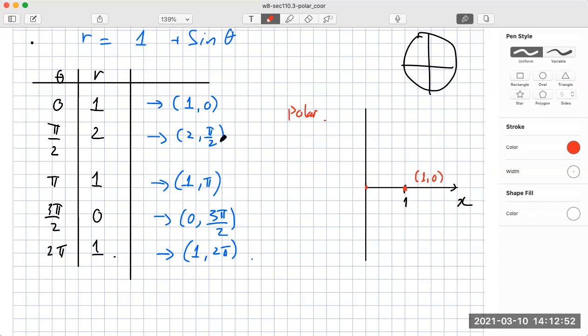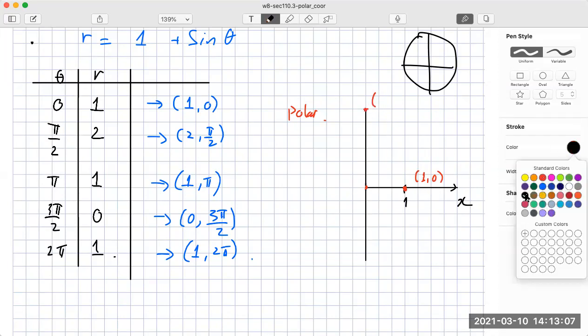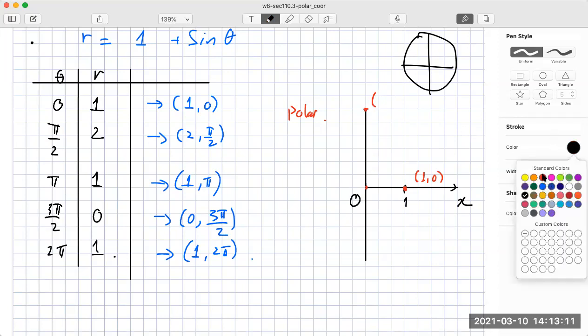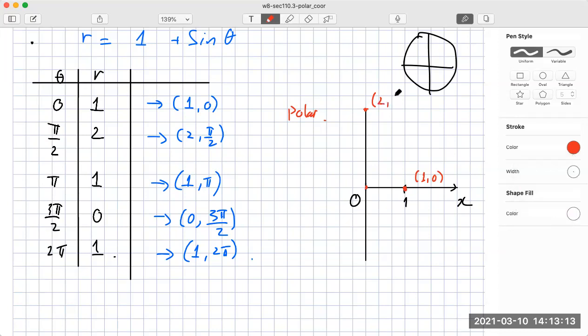At (2, pi over 2), it means that if the angle is pi over 2, it will be this point here, right? The distance from that point to the origin would be 2. So this is (2, pi over 2).